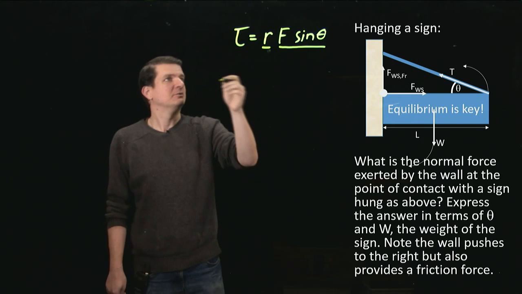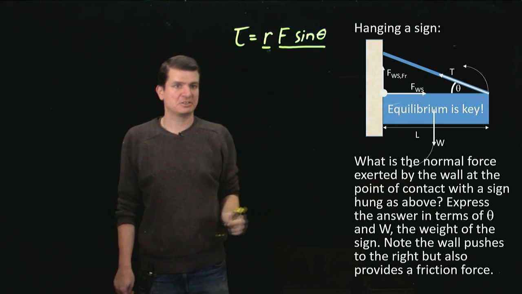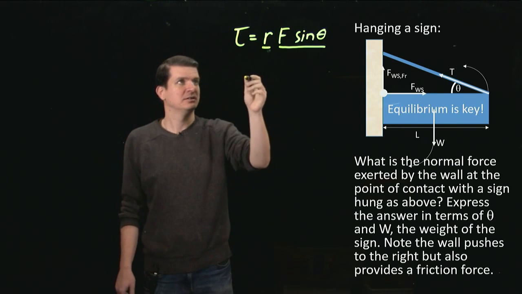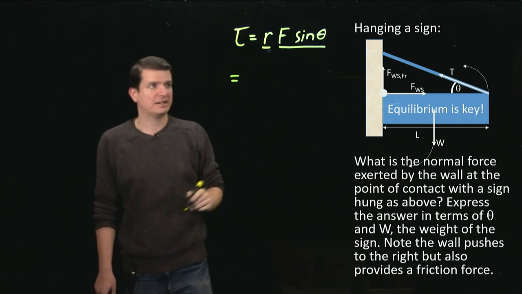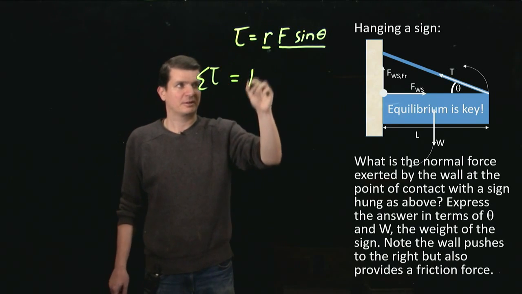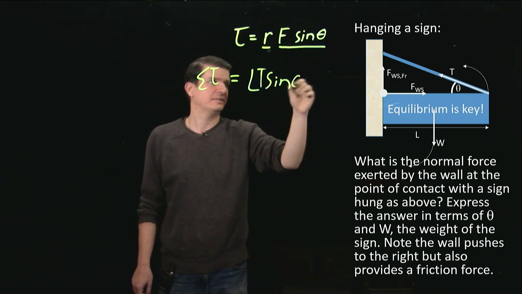Well, that's pretty straightforward. For the tension, the perpendicular component of the force is actually sine theta times T. The radius at which it acts is L. So now we're doing the sum of the torques, which is L T sine theta.